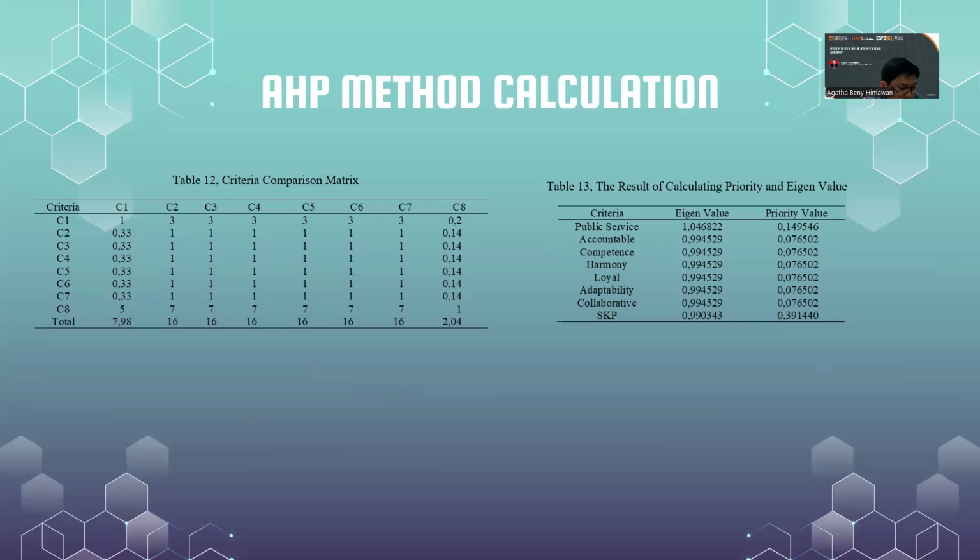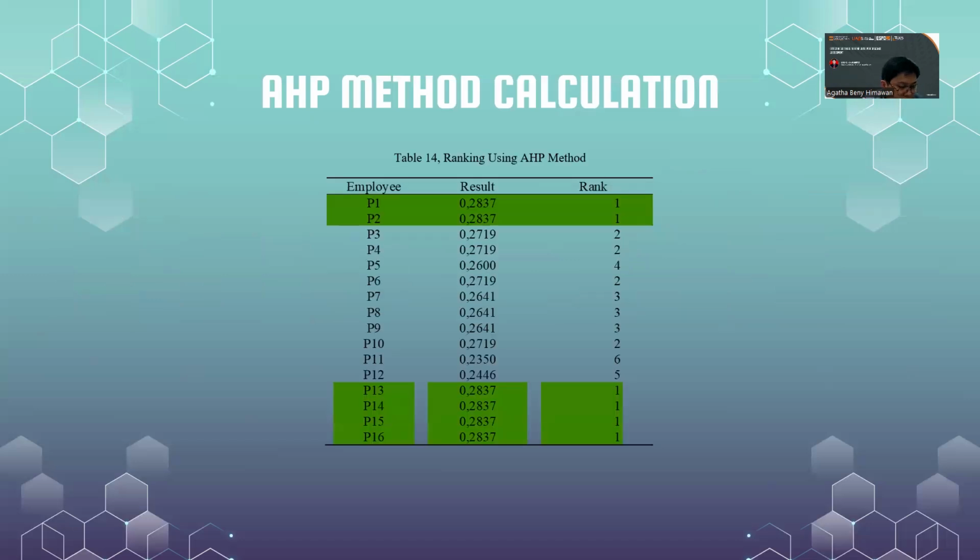The alternative ranking is done to find the highest score based on the employee performance assessment system. After obtaining the alternative value, the last step is to determine the alternative ranking result by multiplying the value of each criterion by its priority value of the criteria matrix. The result can be seen in table 14.